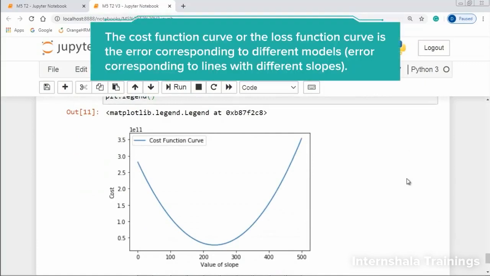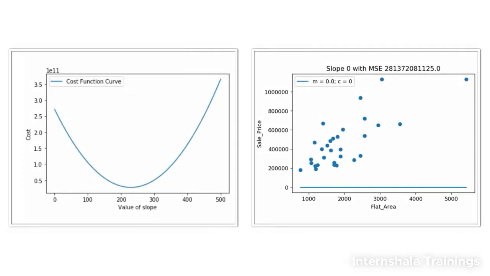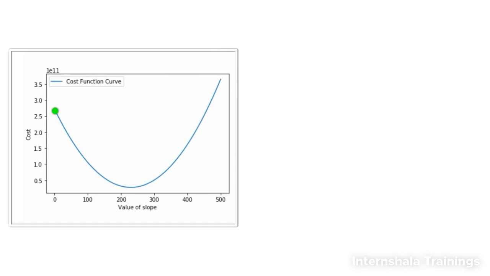which is nothing but the error corresponding to different models, that is error corresponding to lines with different slopes. Now this is an interesting curve and you might ask why. If you would notice, the cost incurred when the slope was 0 was very high as represented by the green dot, which makes sense because our line or our model did not really fit the data well.